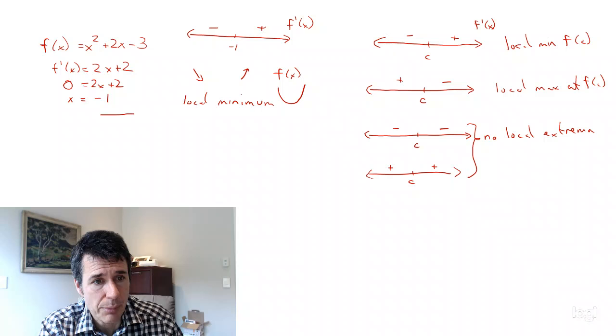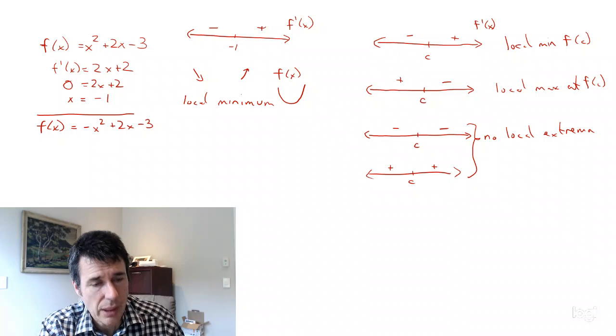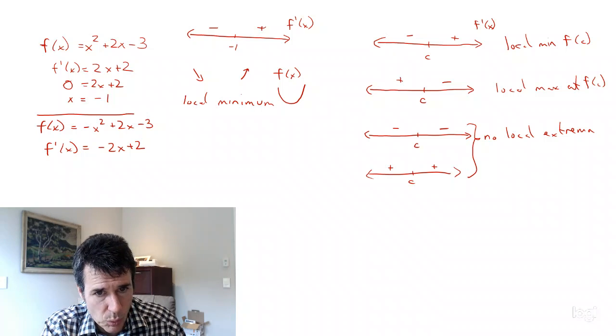If the function had been f of x equals negative x squared plus 2x minus 3, then we would do the same thing. F prime of x equals negative 2x plus 2. We have a critical number at x equals 1.